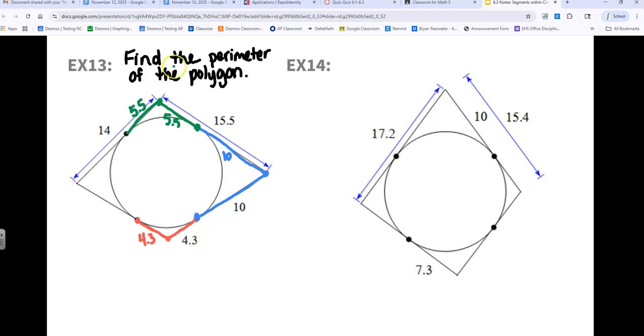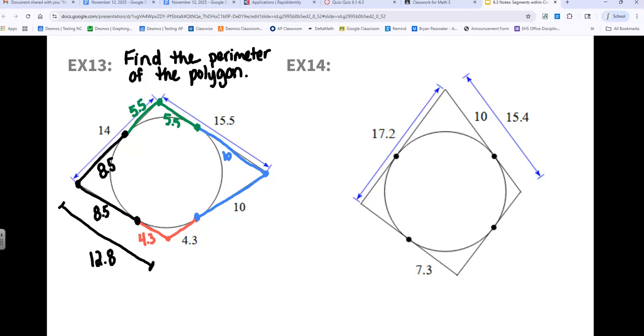Well, if that piece is 5.5 and the whole side here is 14, then what's the length of this piece? We got to do 14 minus 5.5. That's going to give us 8.5, which means this piece is 8.5. So if we put that whole side together right there, we got 12.8. Right, 8.5 plus 4.3 would be 12.8, yeah.